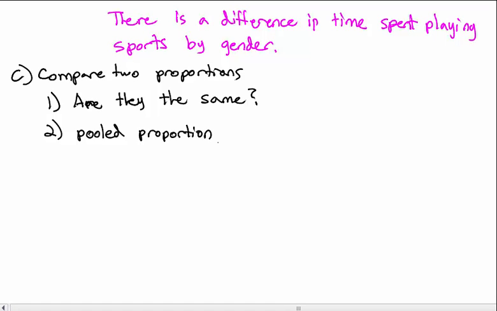Notice proportions we pool, means we do not. The pooled proportion, we're going to say P sub C, the combined proportion, basically assumes there was no difference.